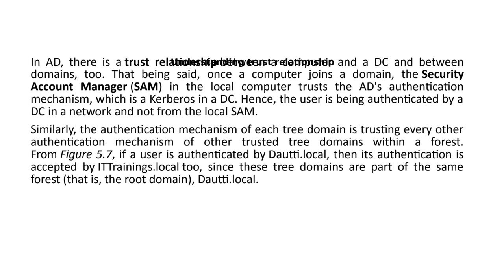Here we talk about when a computer joins the domain. When you join the domain, you log in, you put your username and password. Your security account manager, we call it SAM, in the local computer trusts the Active Directory authentication mechanism. On any server, let's say you have one computer, remember the one we installed? We already have a SAM, and you have a username and password.